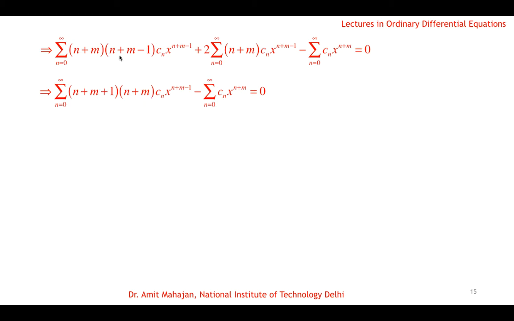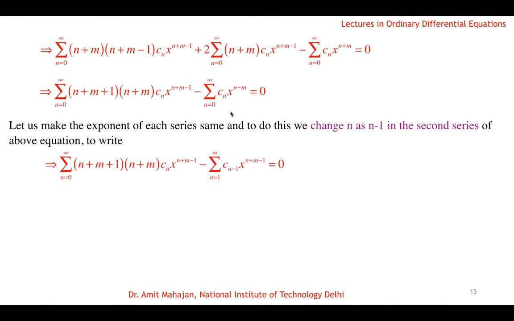Then we need to make the powers of these two the same, so in the second we put n as n minus 1. It will be n from 1 to infinity, c n minus 1 x to the n plus m minus 1. This term and the first remain the same.